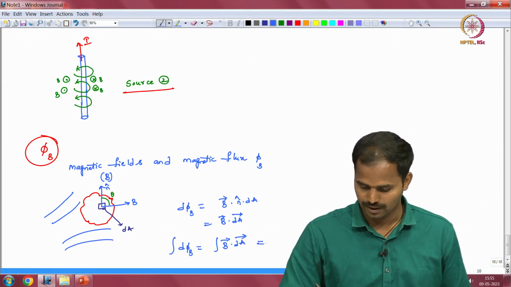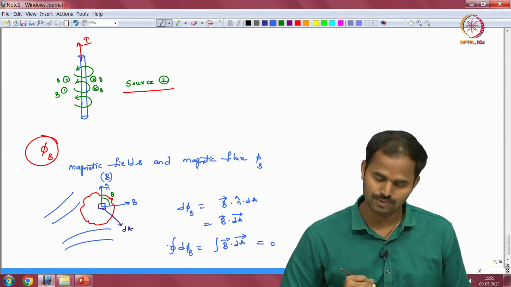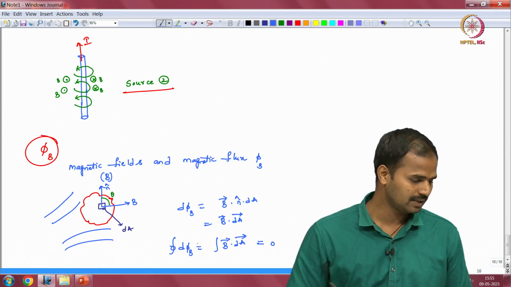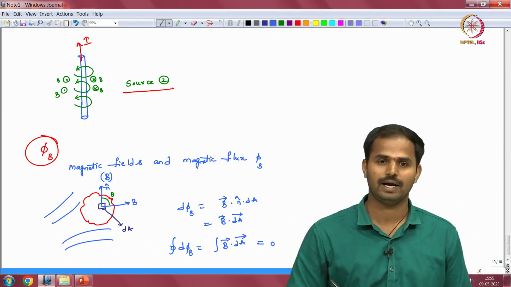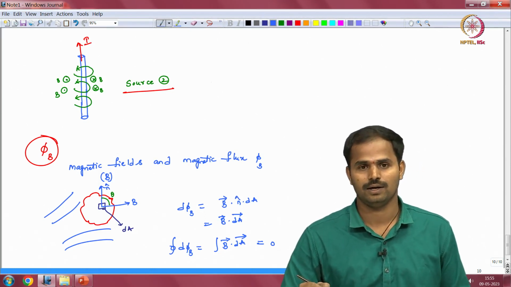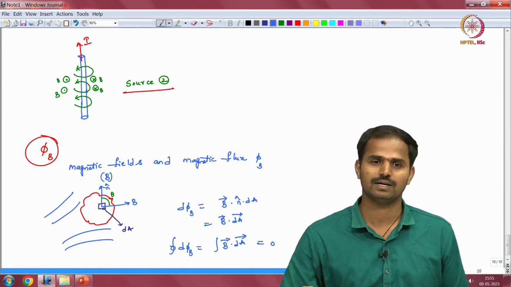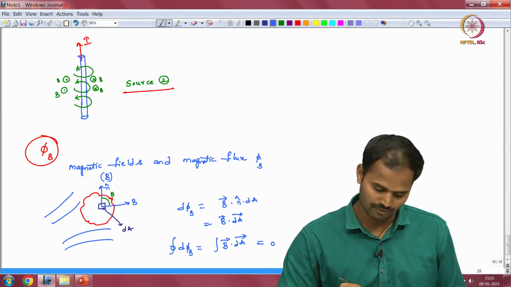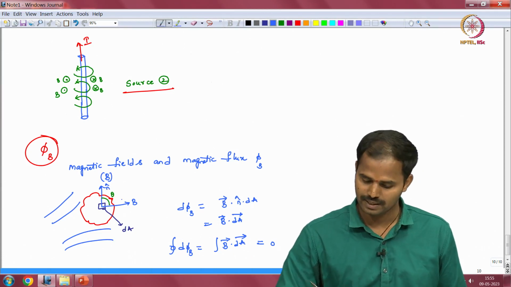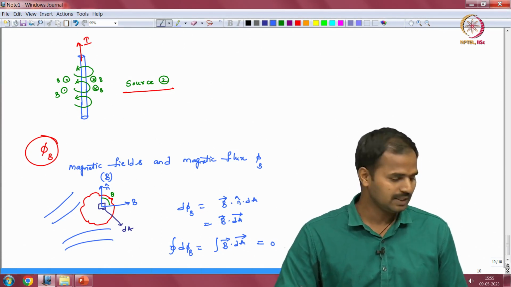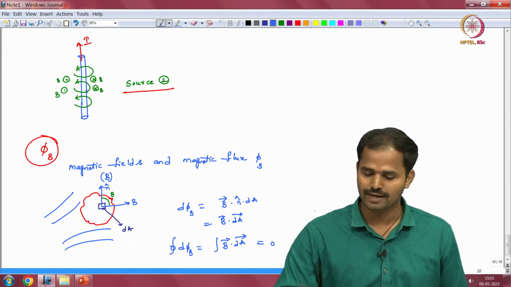As per the Gauss law, with respect to a closed surface, the total flux entering and leaving the closed surface are equal, and the net flux inside the closed surface is equal to 0. This is because there are no magnetic monopoles.